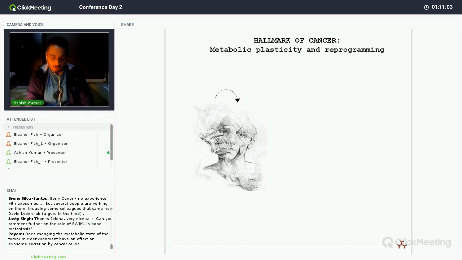So I would prefer to call it metabolic pleomorphism, because the cancer cell changes its metabolic phase from one to another in course of time with respect to availability of various nutrients in the environmental milieu. So other than primary metabolites, there are other metabolites which we should target in order to get to a proper cure for cancer.